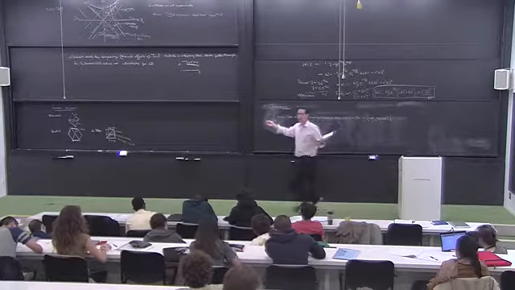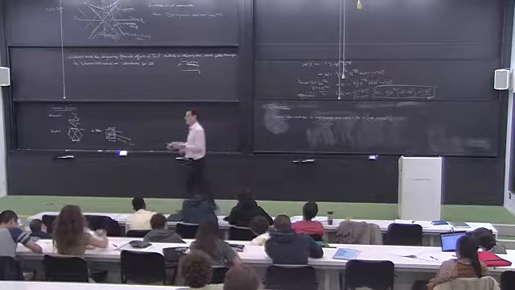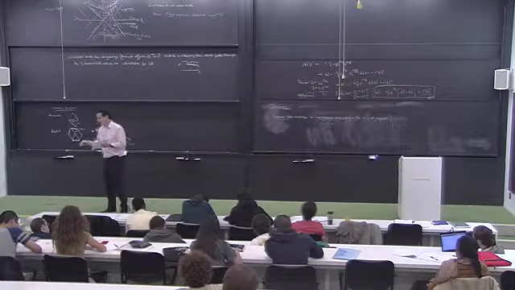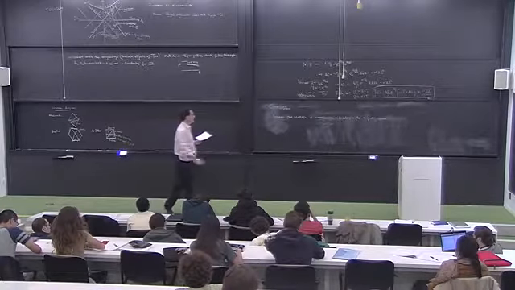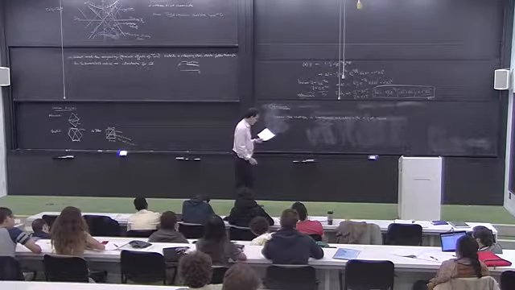So let's just assume the universe is the same everywhere in space, and it's the same in all directions about every point in space. That's what homogeneous and isotropic means.